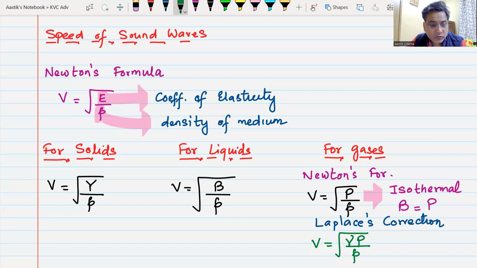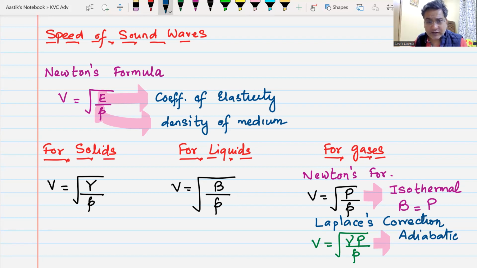Gamma P by rho. He took the process as adiabatic. You have never heard this term gamma?